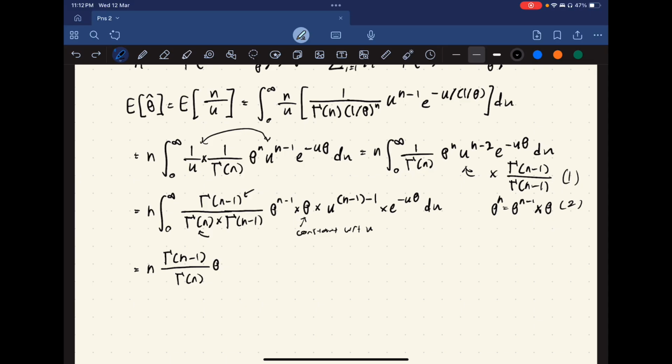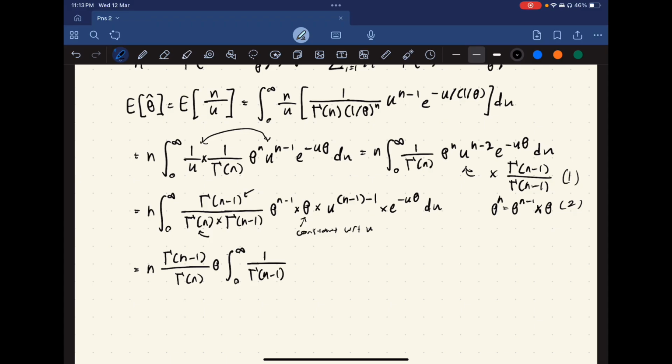We will have n multiplied by the ratio of gamma n minus 1 over gamma n, divided by theta, followed by the integral of 1 over gamma n minus 1.